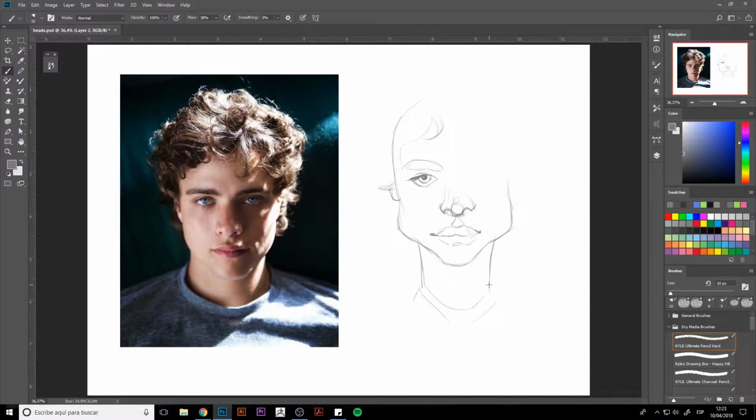That's why I've tried to keep the melancholic gaze, but on the contrary, I've exaggerated the mouth, the jaw, and the nose, which are not exactly the same but might seem familiar. And finally, the hair, which we are not going to change or exaggerate the curly hair because I think it's very representative of him.